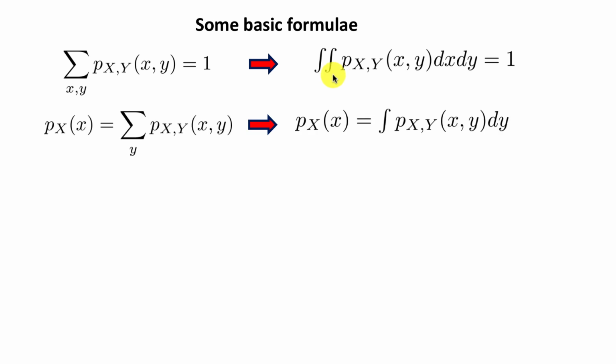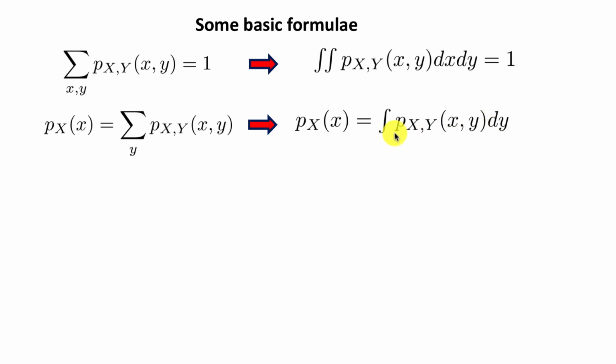For discrete random variables, we sum over y to get the marginal probability distribution in x. Well, for the continuous case, all you do is instead of the sum over y, you do an integral over y. And here, x is held fixed in this integral. The integration is over y.